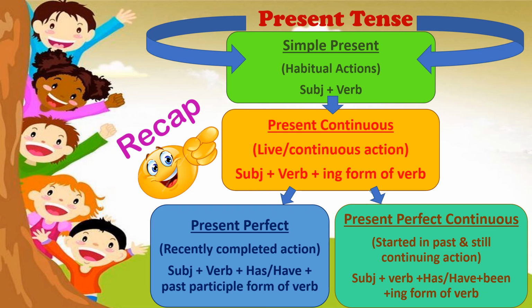In the present perfect tense, we use subject plus has or have plus the past participle form of verb. And in the present perfect continuous tense, we add subject plus has or have plus the word been and the ing form of verb to complete it.